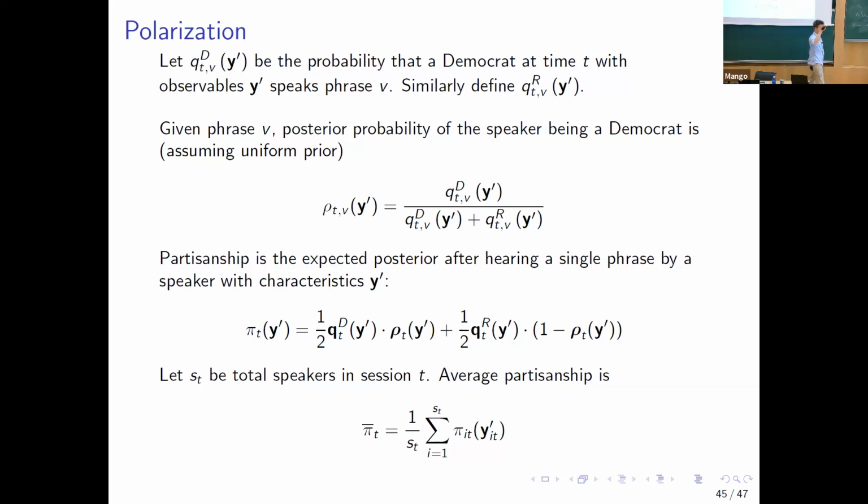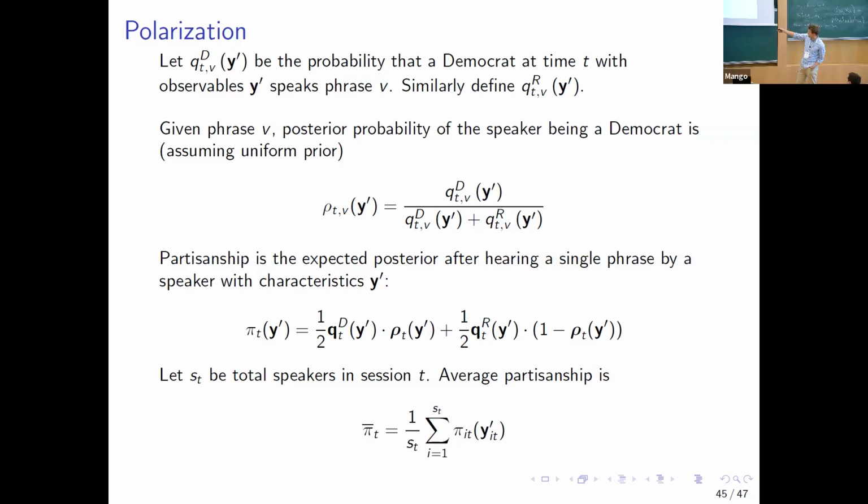To get a total measure of polarization, you can compute the expected posterior across all possible words that you might have drawn. There's some probability distribution over the terms you would actually see in a randomly drawn person's speech, and that's what this formula is. So the expected posterior after hearing a single phrase is what? Well, there's a 1/2 chance you're a Democrat. Given that you're a Democrat, there's a certain probability that I would have observed you speak any particular term V. Then, conditional on speaking that term V, I go to that posterior to update my beliefs.